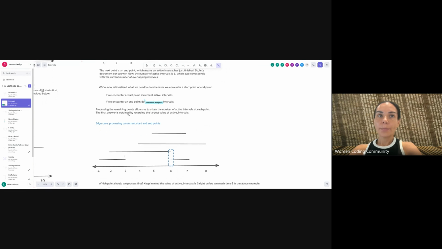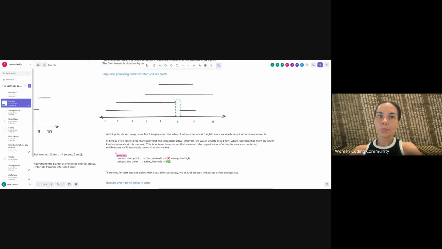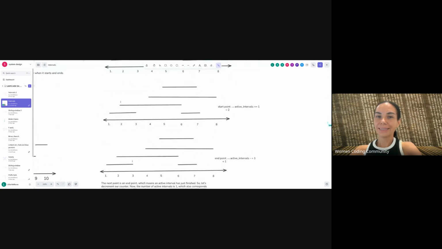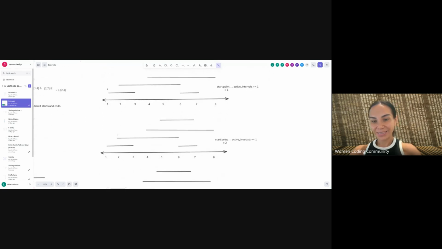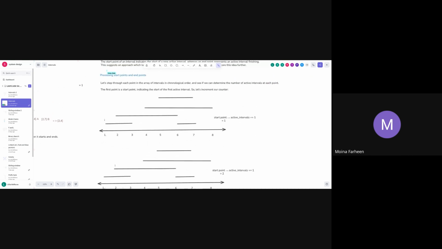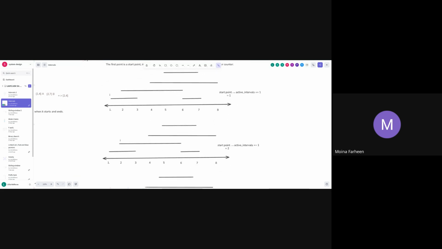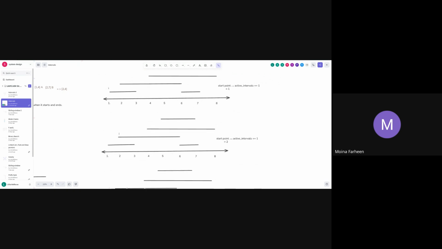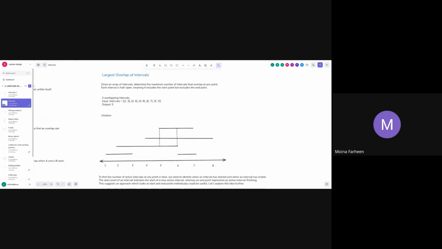Is it clear now? I believe not really. Ask questions, folks. So when we started this, did we already sort this according to the start point or the end point?